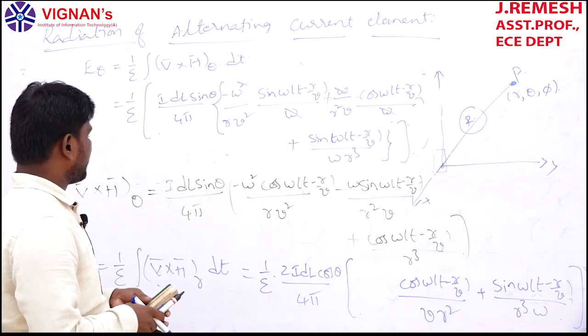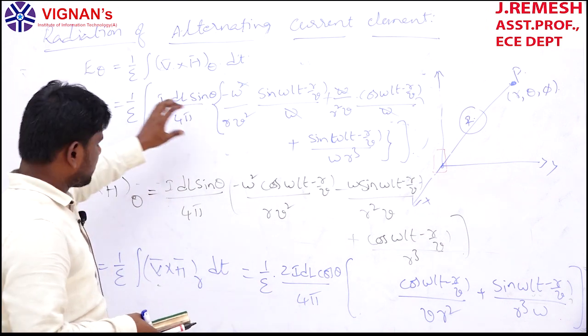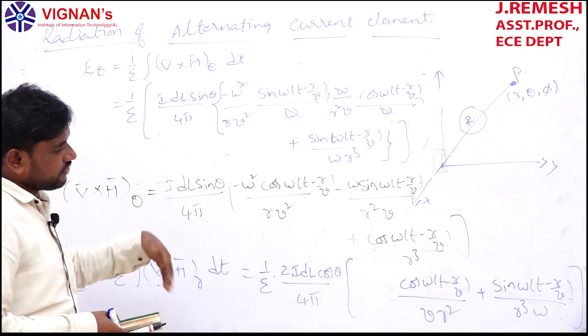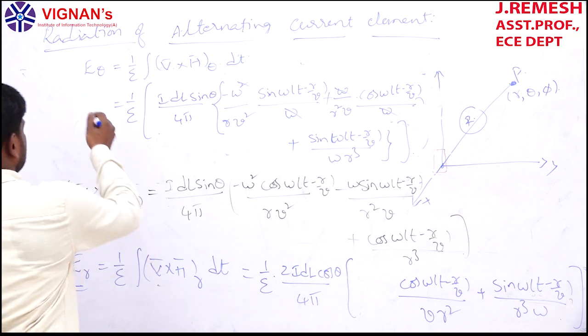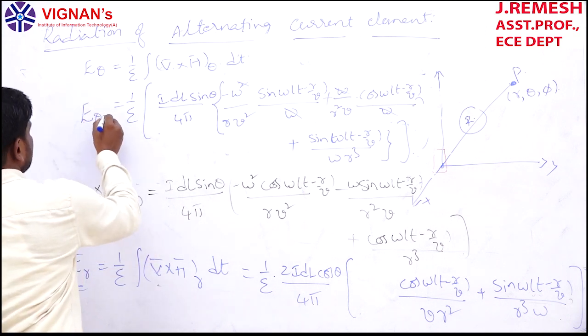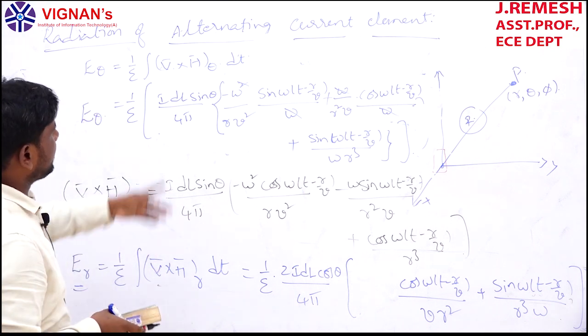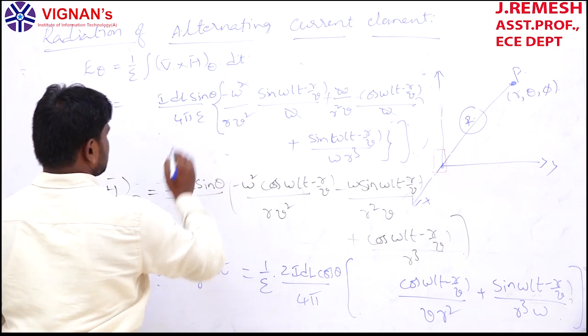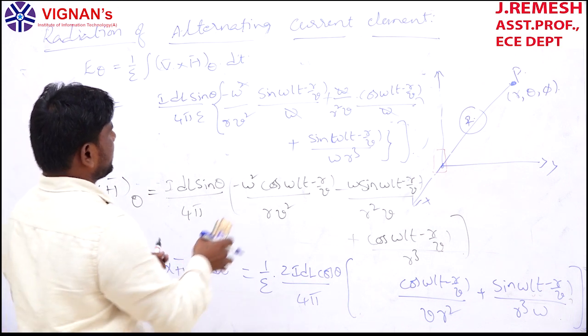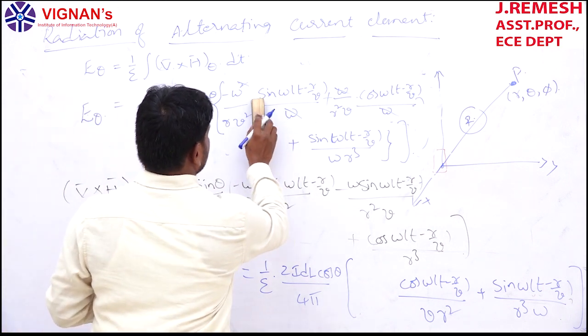So now finally you can rewrite this expression. This is the E r component, we already got it. Now we are going to calculate the E theta component, so I am rewriting my expression. E theta is equal to ideal sine theta by 4 pi epsilon. I am simply giving epsilon here, and minus omega and omega are going to be cancelled.